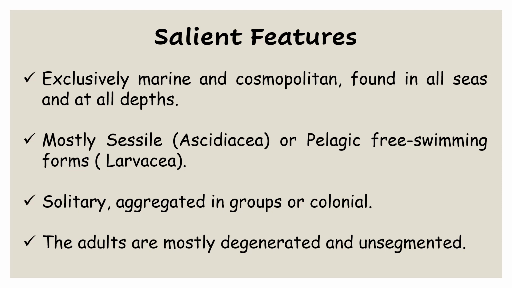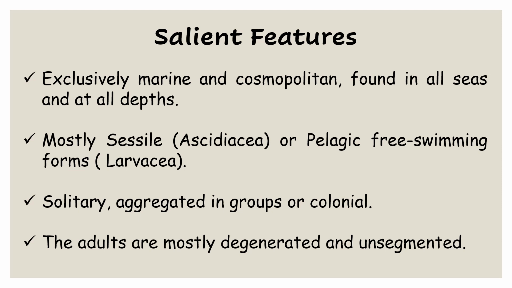Urochordates are exclusively marine and cosmopolitan, found in all seas and at all depths. They are mostly sessile, belonging to class Ascidiacea, or pelagic free swimming forms like class Larvacea. They are solitary, aggregated in groups, or colonial.